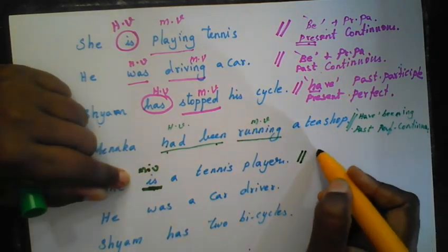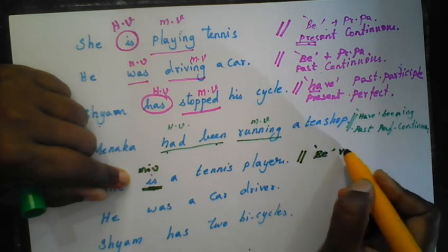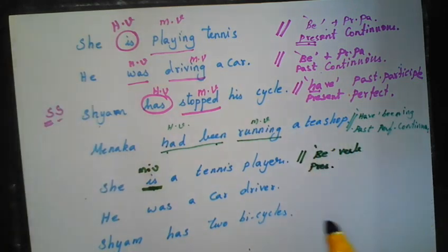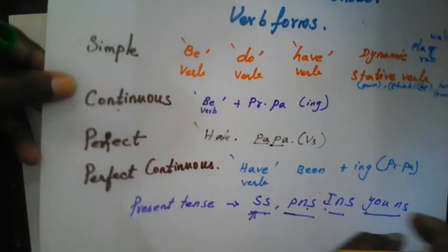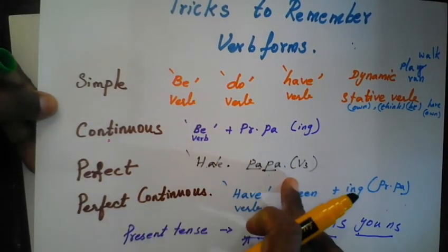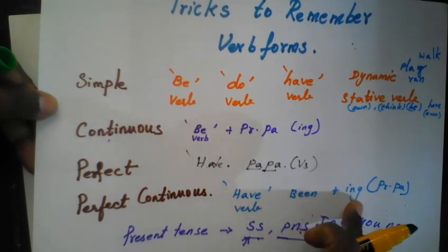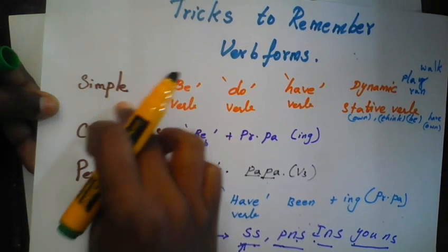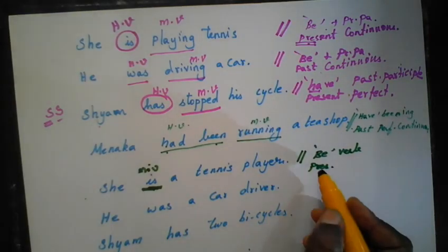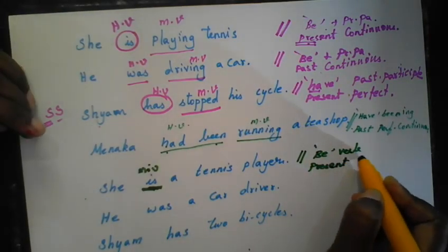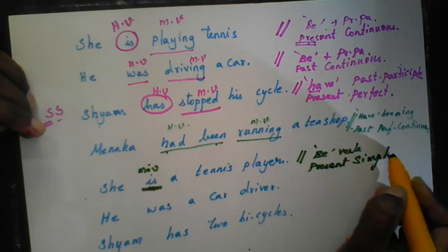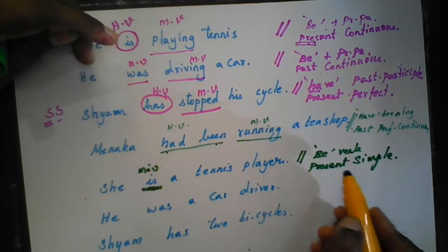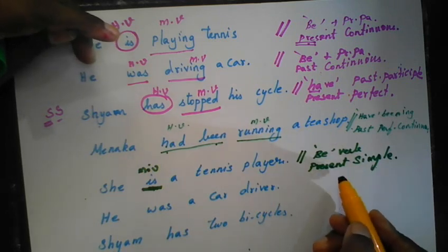So is, which means be verb. Only a be verb is here. What kind of be verb? It is present tense, right? So find it. There is no be verb plus ing, there is no have verb plus past participle, there is no have been plus ing. Only a be verb is there. So what tense does it belong to? Simple, and present is there. So this is present simple or simple present tense.